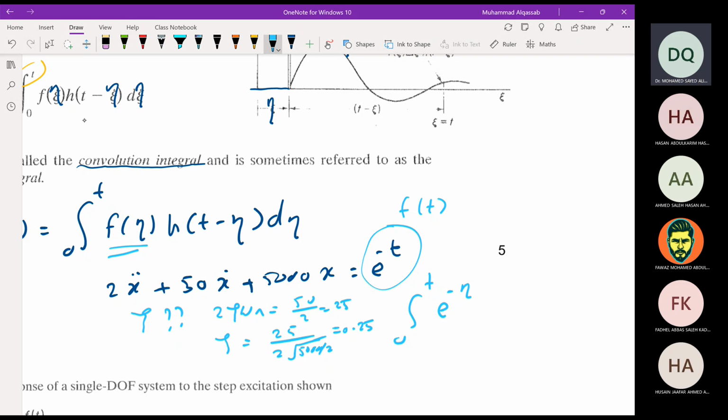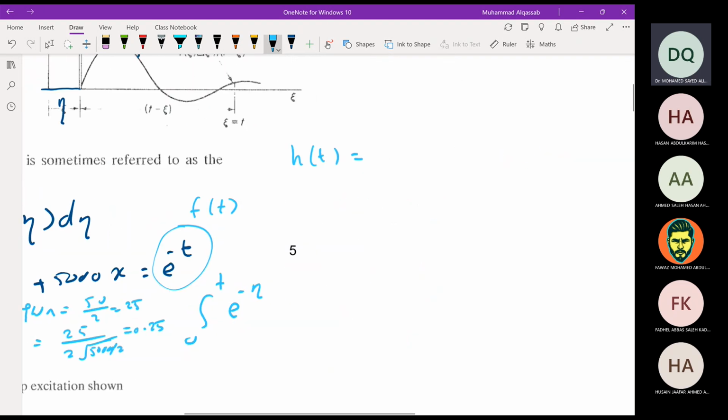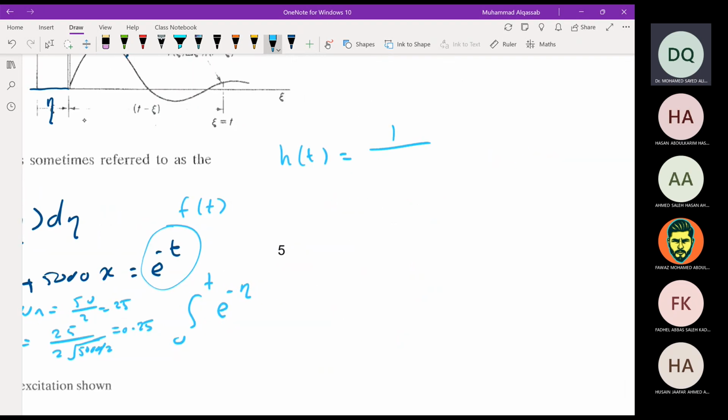Then you can use the h of t minus eta of the underdamped. Okay, so h of t here, we know that h of t for underdamped is equal to 1 over m omega d, you can refer to the previous lecture, e to power minus zeta omega n t sine omega d t.